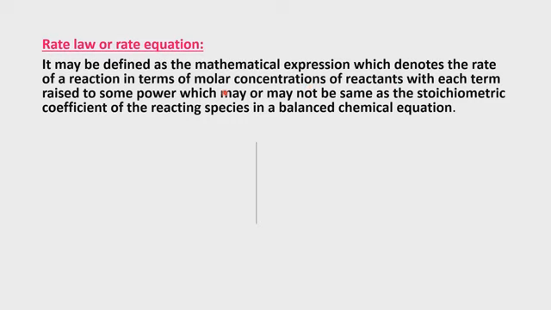It is a very important statement. Molar concentrations of the reactants, not products, with each term raised to some power m, n, o or p, q, r, which may or may not be the same as the stoichiometric coefficients of the reacting species in a balanced chemical equation.